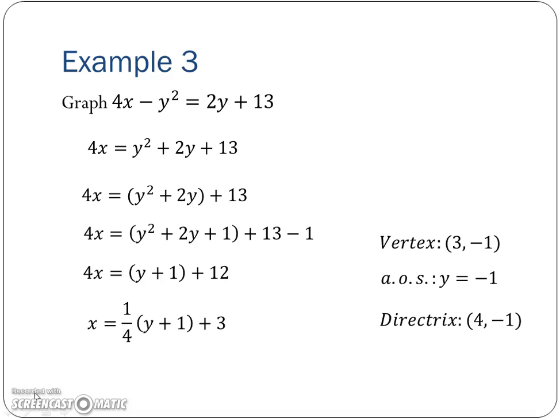And the directrix is 3 minus 1 over 4 times 1/4, or just 2. The direction of opening: it opens to the right since a is greater than 0. And the length of the latus rectum is the absolute value of 1 over 1/4, therefore it's 4.